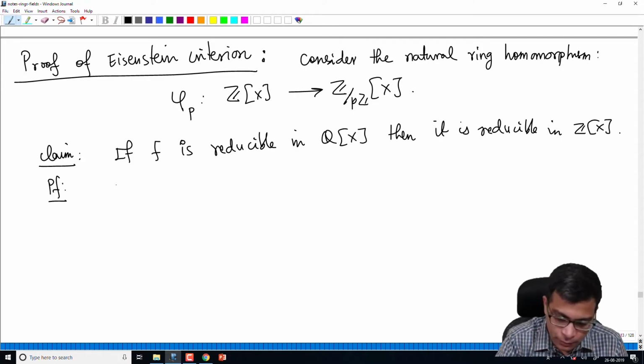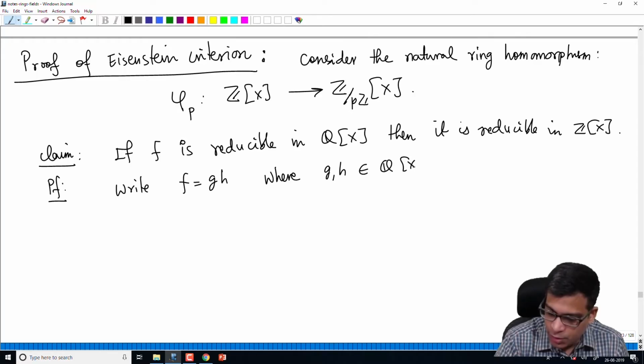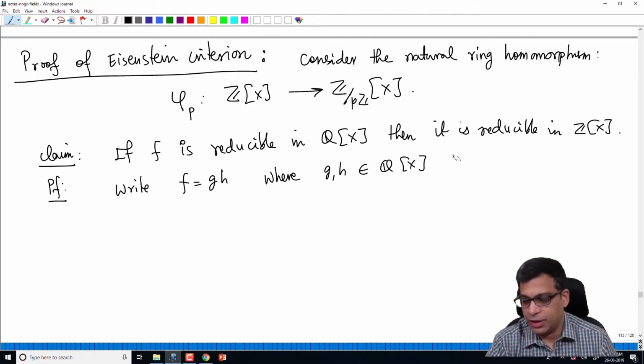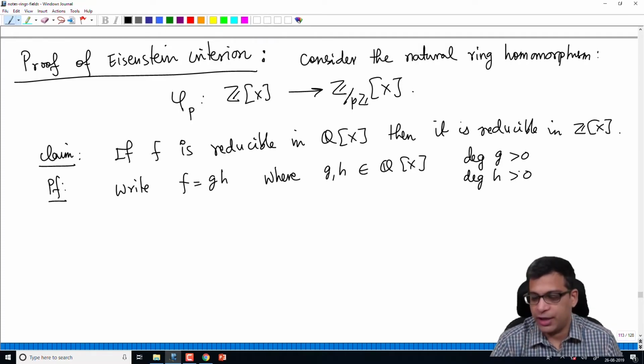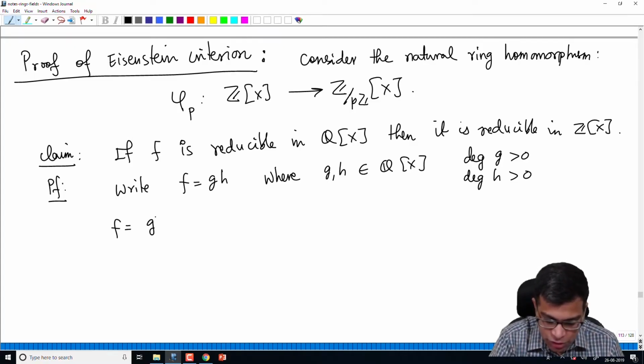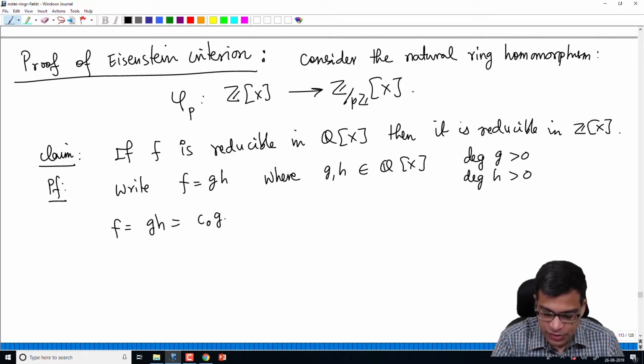Why? Write f as gh where g and h are in Qx. Remember, what is the meaning of being reducible? That means it can be written as a product of two polynomials of positive degree in Qx. So both g and h are non-constants and f can be written like this. Now, because of the proposition that we did earlier, every rational polynomial can be written as its content times a primitive polynomial.